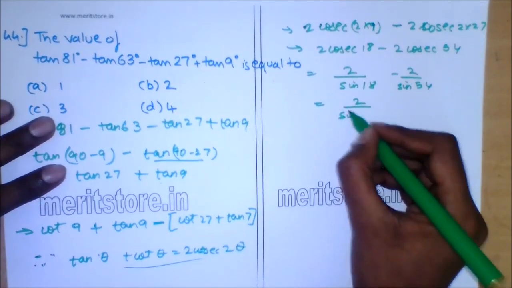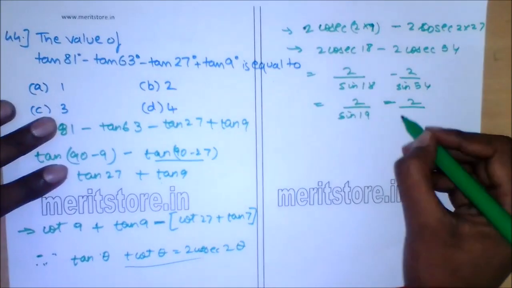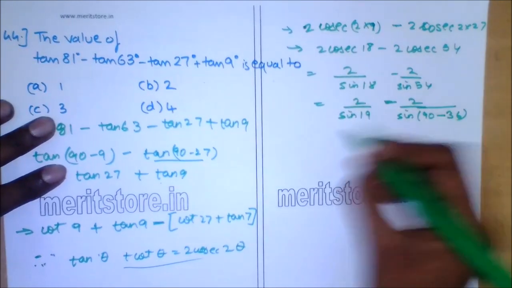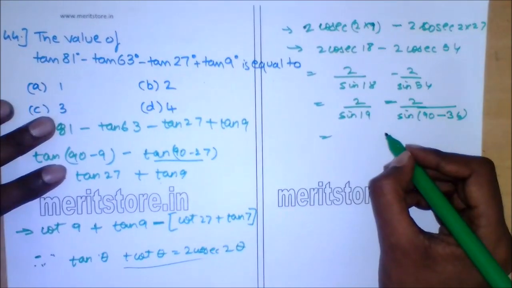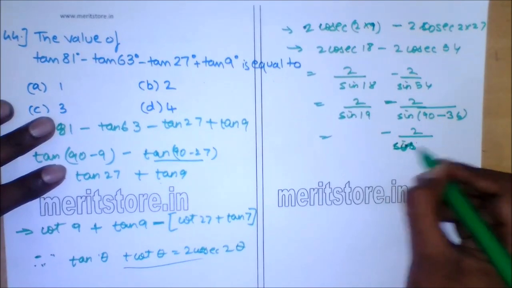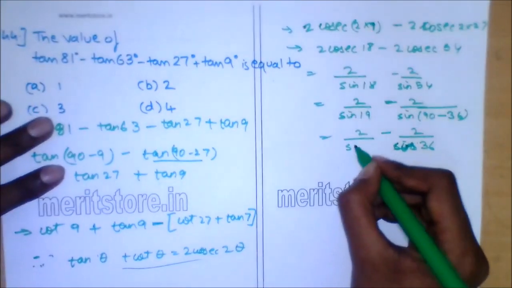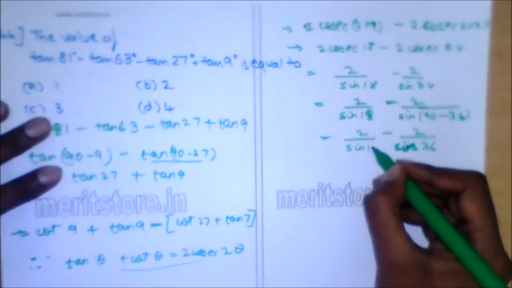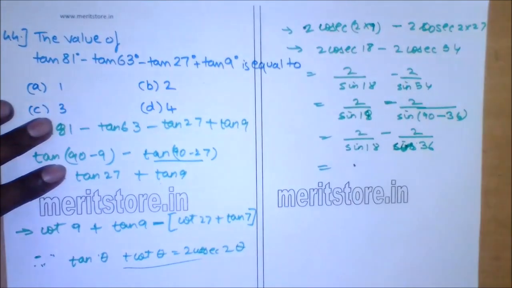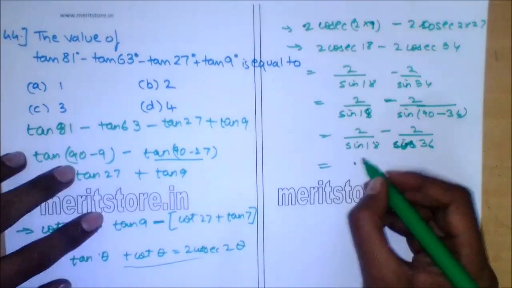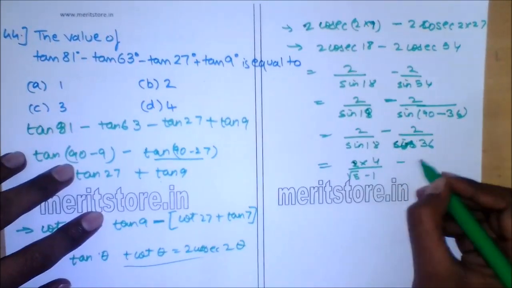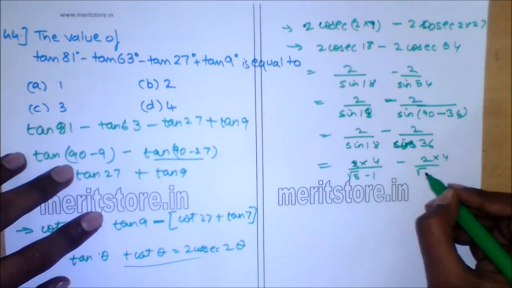2 upon sine 54 can be written as 2 upon sine 90 minus 36. Sine of 90 minus theta is cos theta. So we can rewrite this as 2 upon cos of 36. And this is 2 upon sine 18. This can be written as 2 into 4 by root 5 minus 1 minus 2 into 4 by root 5 plus 1.